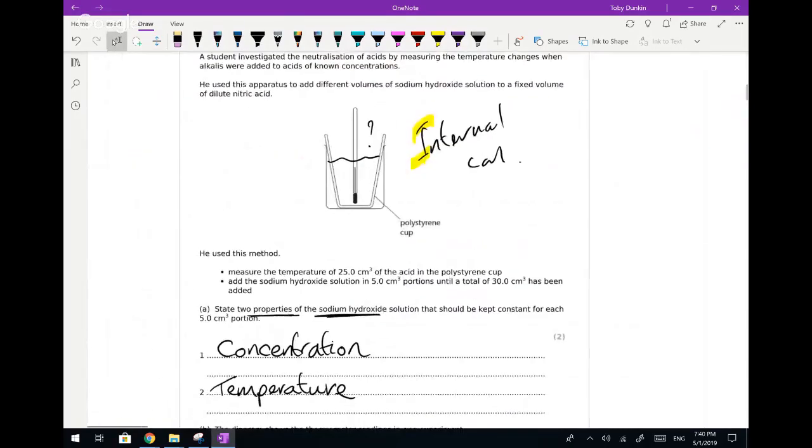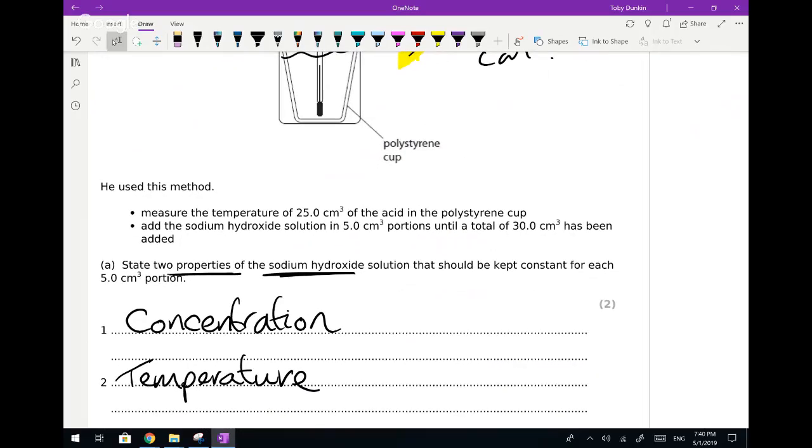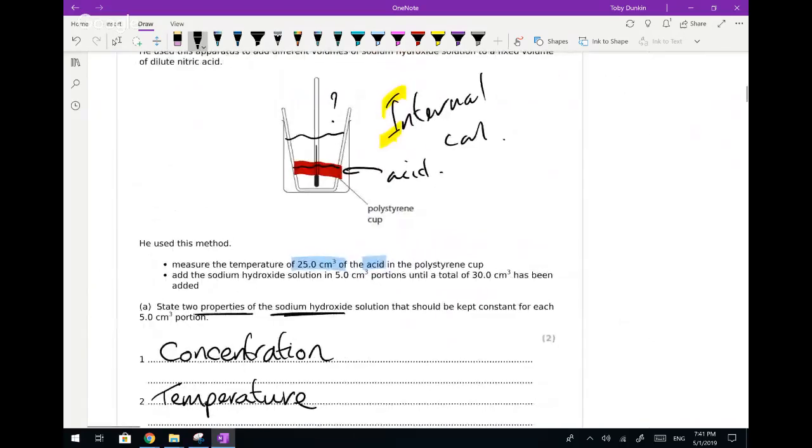Okay, so the first question was an internal calorimetry. It says we're going to use the method above. We're going to measure the temperature of 25 centimeters cubed of acid in the polystyrene cup. They put in some acid, so there's my acid, and we're going to measure out 25 of it. And they're going to add to that some sodium hydroxide.